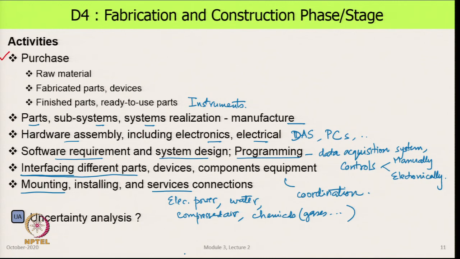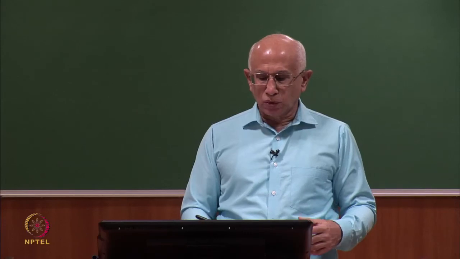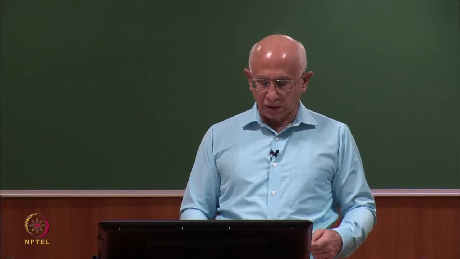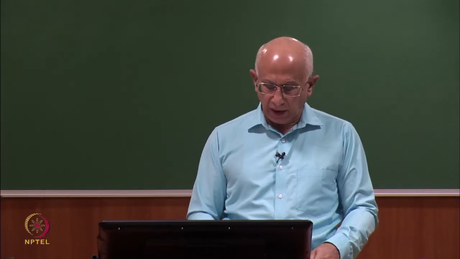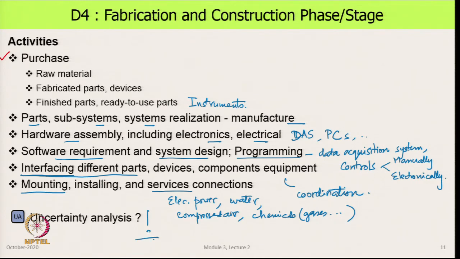So, we get into the thick of putting all these things together and we get our setup done. So, this is a part where you are making things. There is not that much by way of calculation or solving equations. So, uncertainty analysis has a very minimal role, if not any role at all, in the fabrication and construction phase.